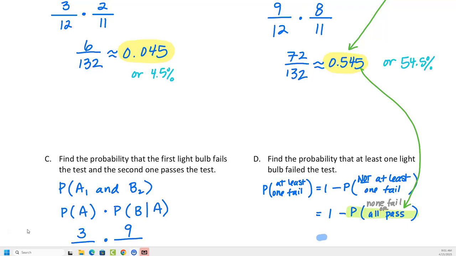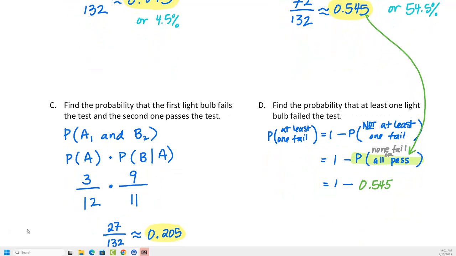So this is going to be equal to 1 minus 0.545, which when you do that is 0.455, or a 45.5% chance that at least one fails.